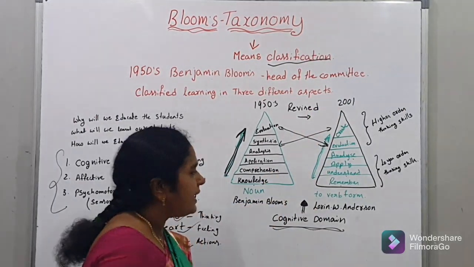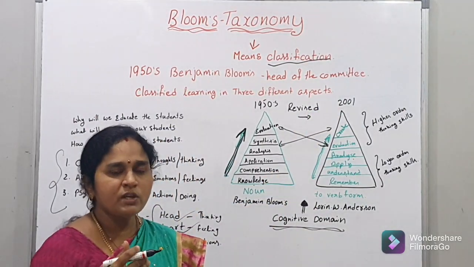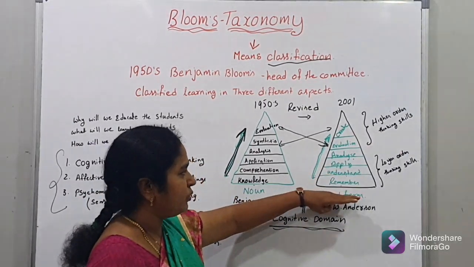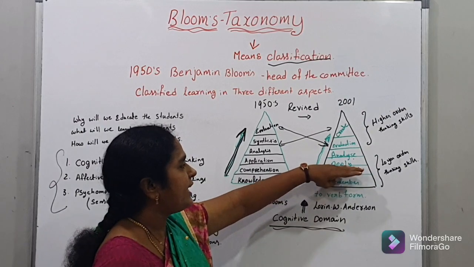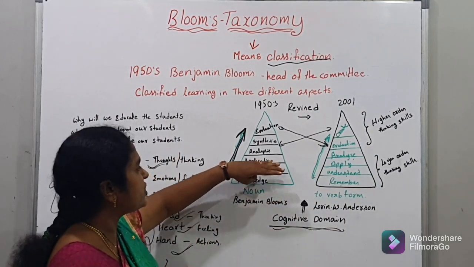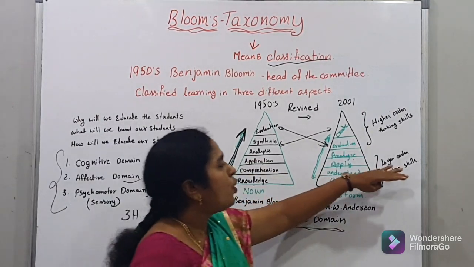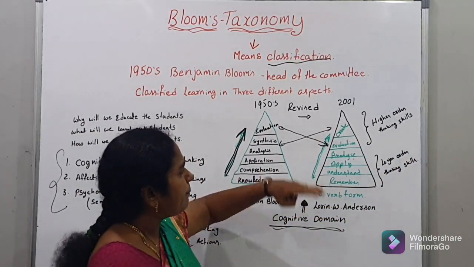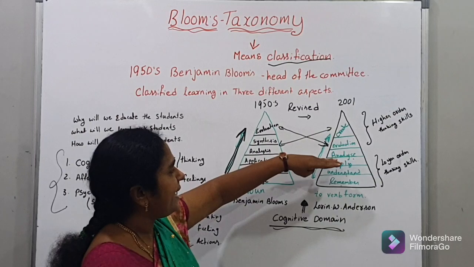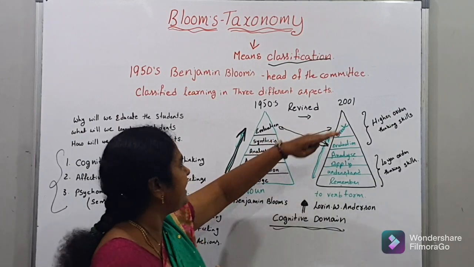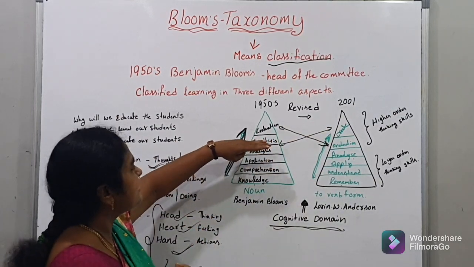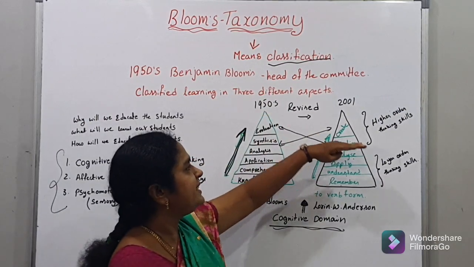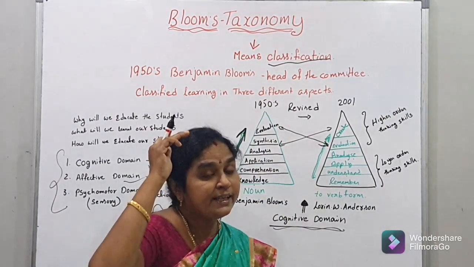In the hierarchy, the lower three levels, remember, understand, apply, or knowledge, comprehension and application, are lower order thinking skills. The upper three, analyze, evaluate and create, or analysis, synthesis and evaluation, are higher order thinking skills.